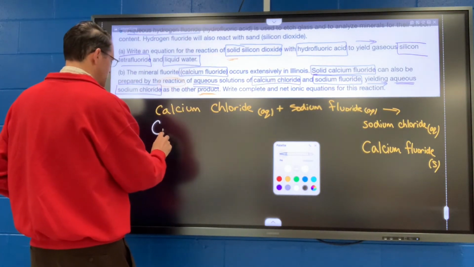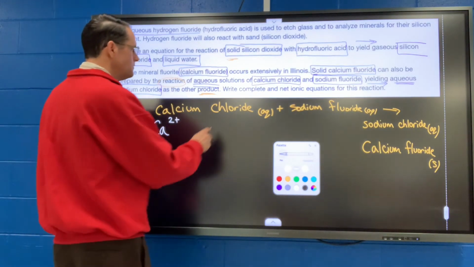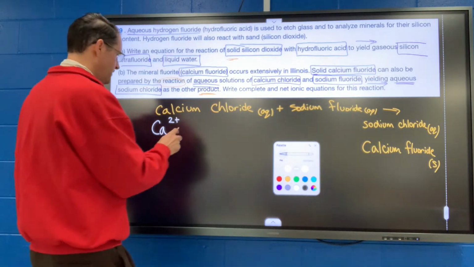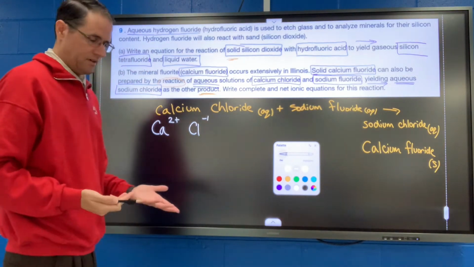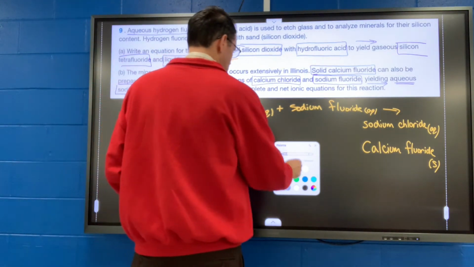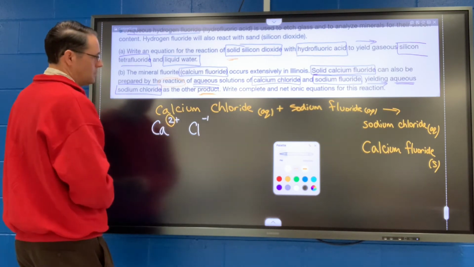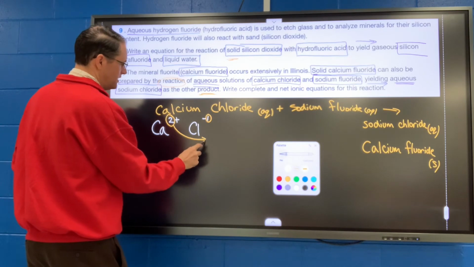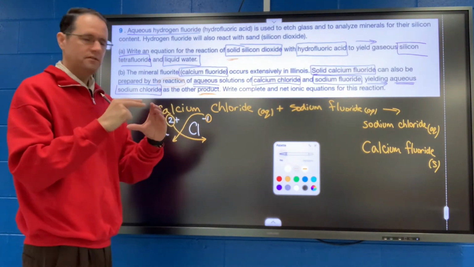So calcium is in group 2, so we know it has a charge of +2. Chloride comes from chlorine, which is in group 7. It has a charge of -1, okay? So when you try to figure out the formula for calcium chloride, you can use the crisscrossing procedure to generate the subscripts needed to create a neutral formula unit, okay?